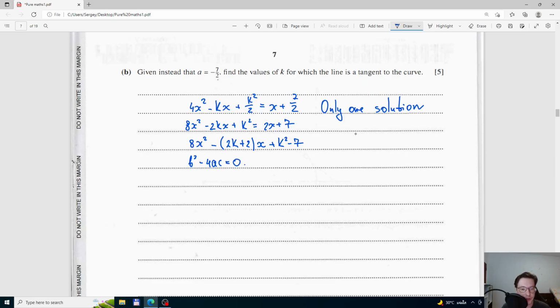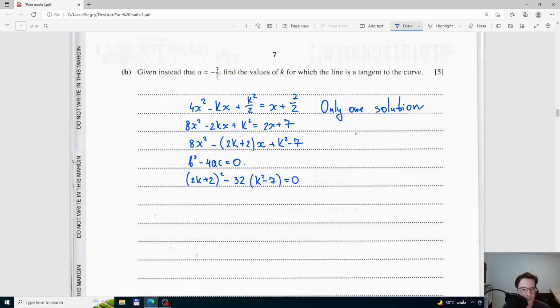So we got b squared, which is (2k plus 2) squared, minus 4ac. 4 times 8 is 32 times (k squared minus 7). That must be equal to 0.